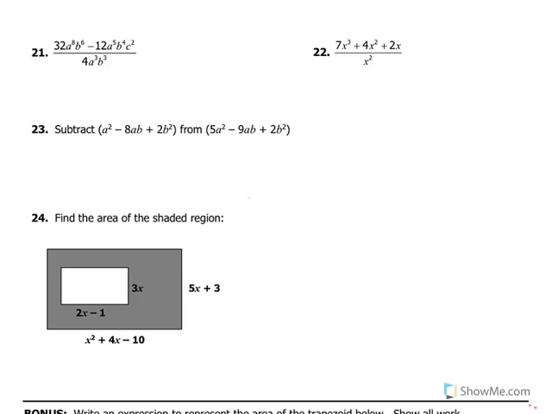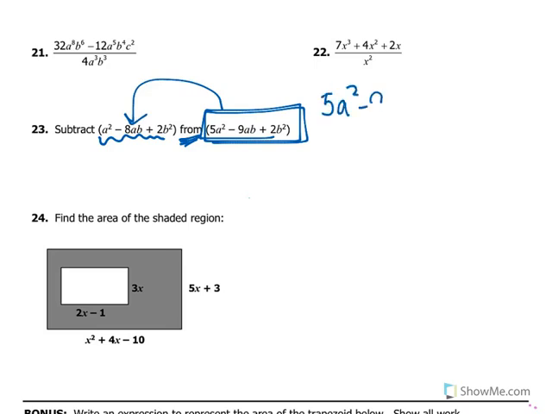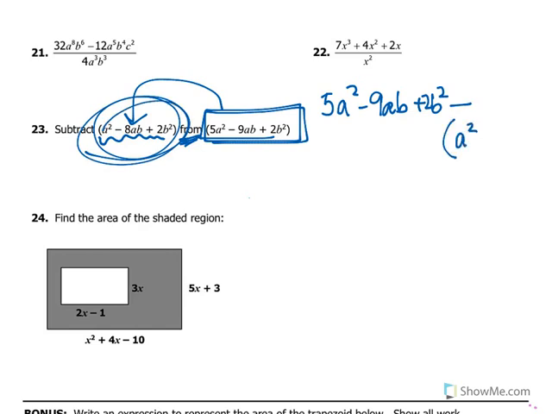Then for number 23, it says subtract this trinomial from this one. So this trinomial is the one that we're starting from, and then we subtract this one from that original one. So it's 5a squared minus 9ab plus 2b squared minus all of this one. I have to put that in parentheses because there's more than one term, and since I'm subtracting all of the terms, that negative has got to go to all three of those terms.